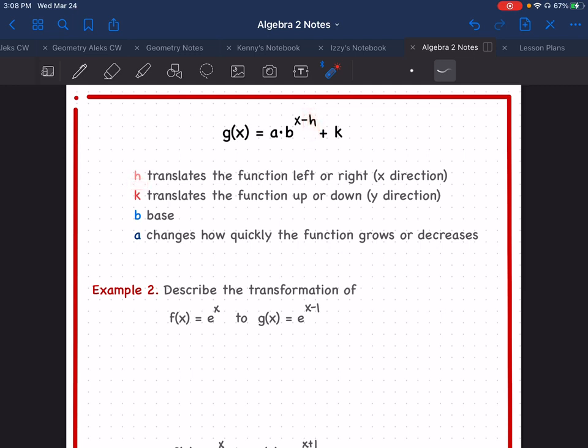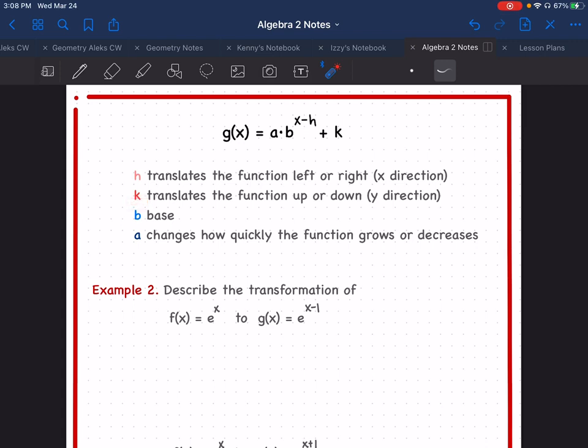But remember, H is tricky. So when H looks like -2, H really equals +2 and is moving your function to the right. When H looks like +2, H is really -2 and is moving your function to the left.